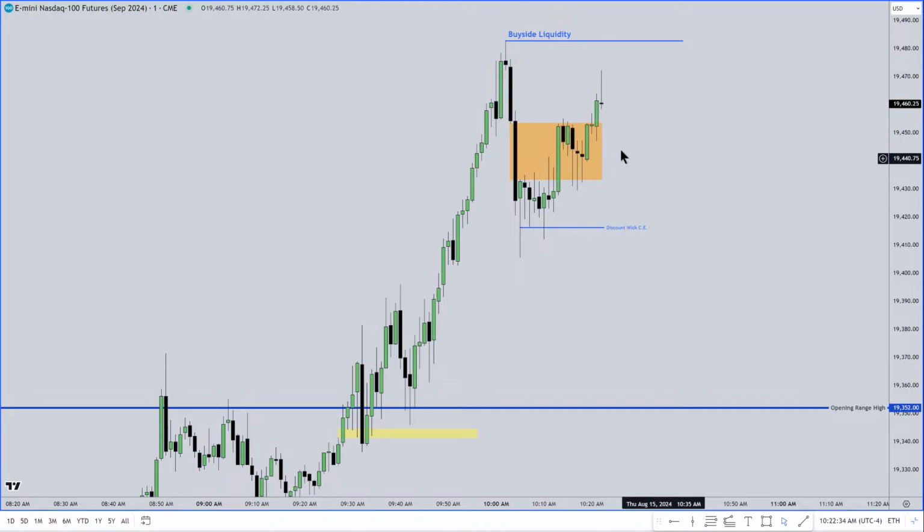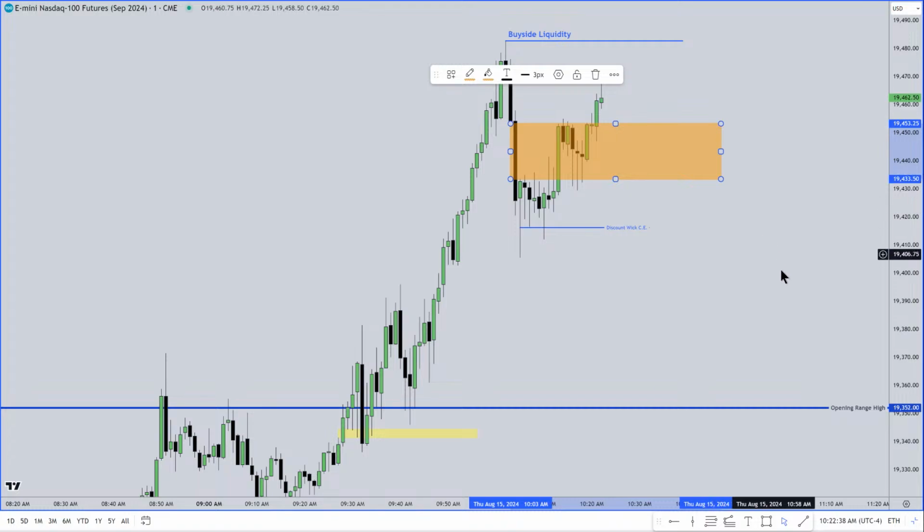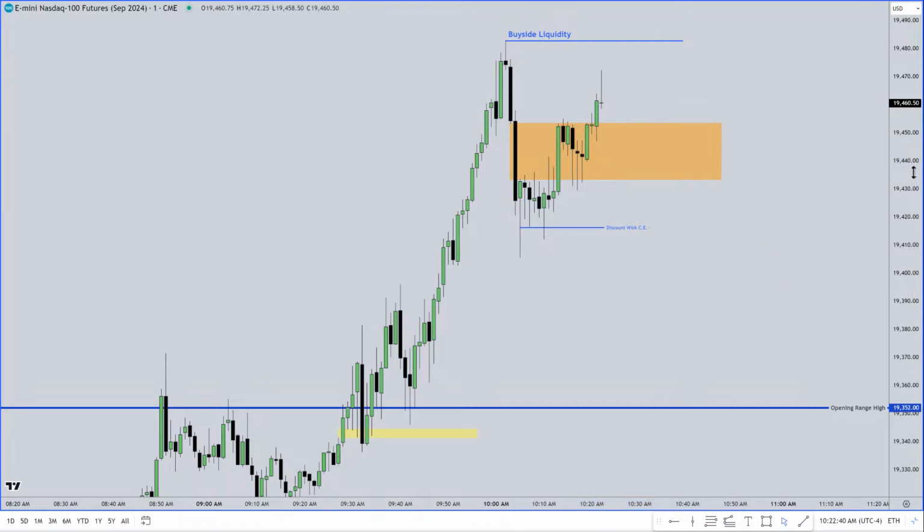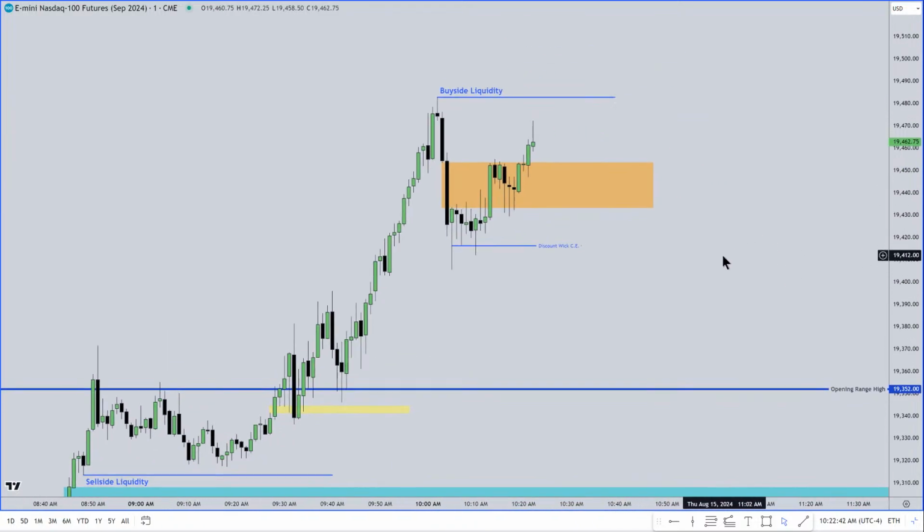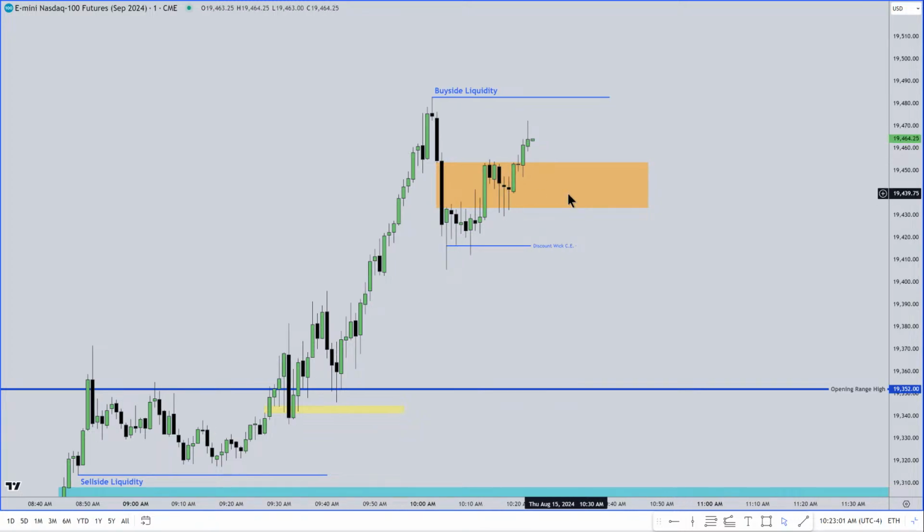I'm going to make sure I get off here and be ready for it, because it's a phone conversation I have to have. So, okay, we're in this area here. So that means it's probably going to run this high. If it runs the high, then I would look for it to break down. If we can get back below this gap, I would like to see that act as an inversion fair value gap. No trades have been taken.